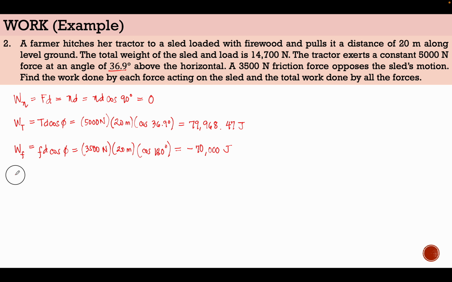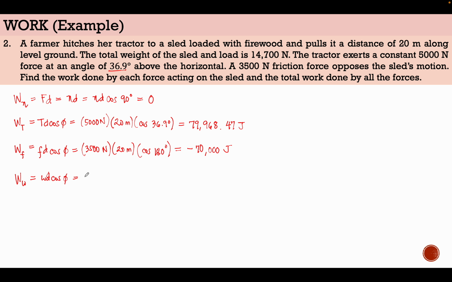And then the last one, we have the work done by the weight. So we have weight times the distance times cosine of the angle phi.